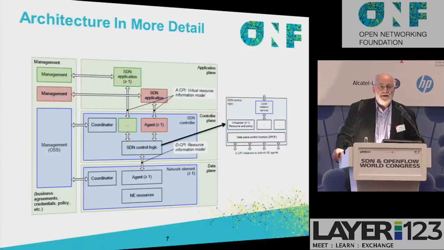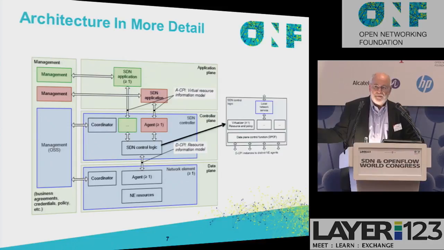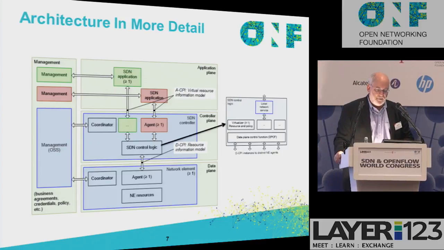The virtualizer enables a number of things, such as the ability to have a number of different data planes, so we don't have to have even just one data plane in a network that's controlled by the same control plane. You can have a number of them, and they provide virtual resources and policies to the upper layers. And then you have the local network service box facing up that provides the northbound interface.